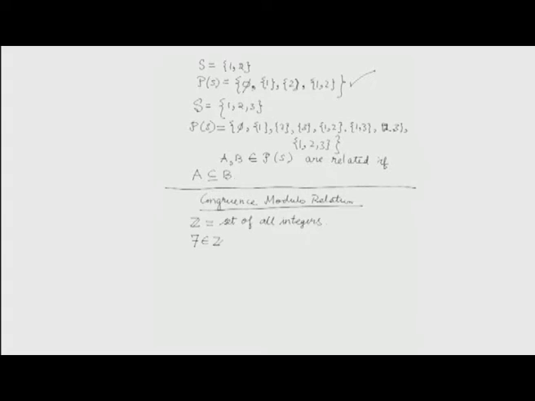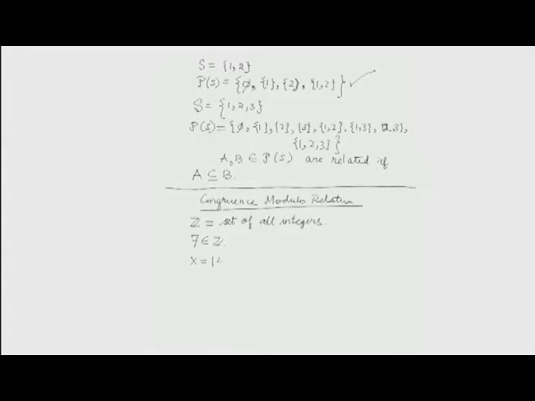Of course, 7 belongs to Z, and we pick up 2 integers and take their difference. We will say that these 2 integers are congruent modulo 7 if their difference is divisible by 7. For example, if we consider 14 and 28, let us see what happens.